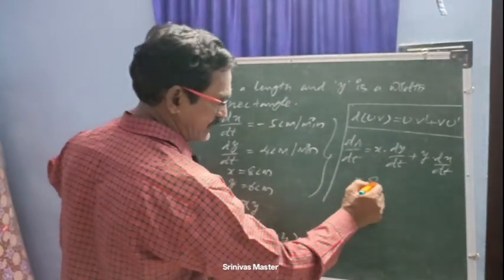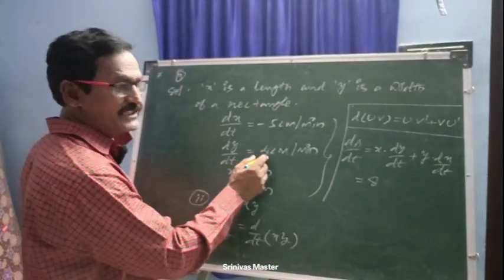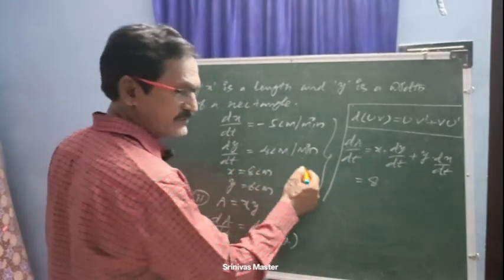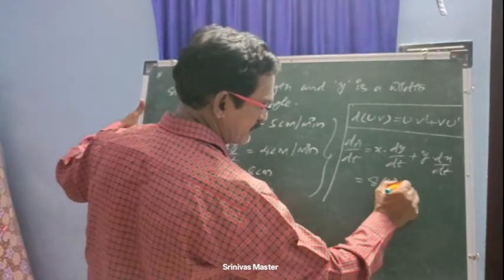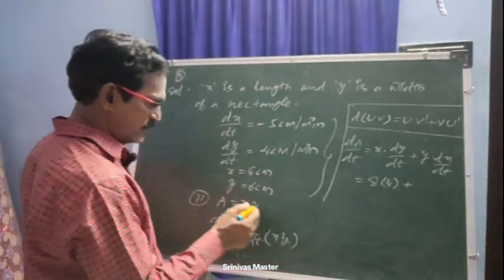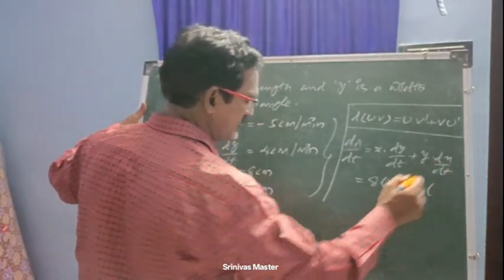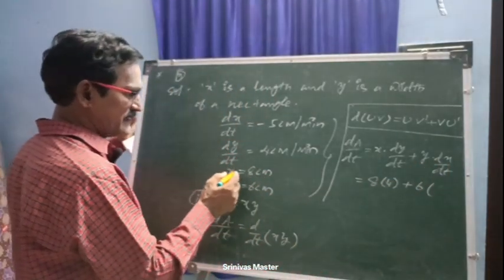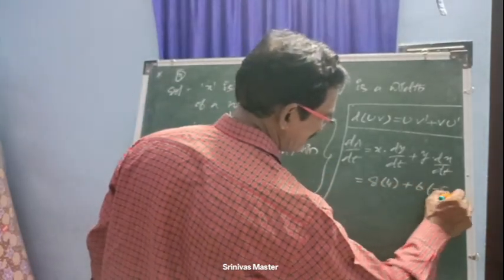In the x place, you can write 8, into dy by dt. What is the dy by dt value? 4. Measurements, you can write units at last. That means 8 into 4 plus y into, what is the y value, children? 6. That means 6 into dx by dt. dx by dt value how much? Minus 5. You can write here minus 5.